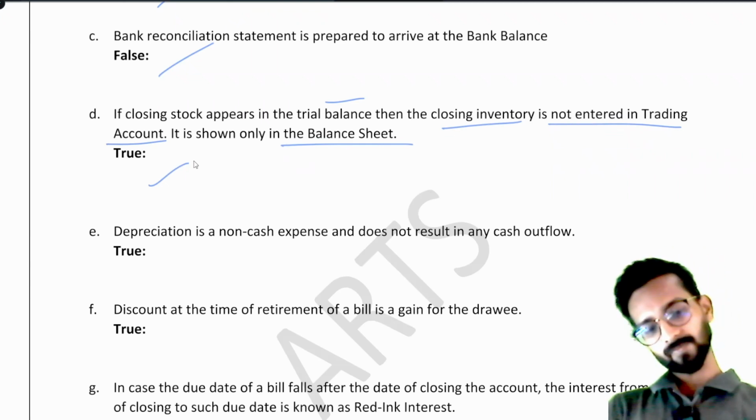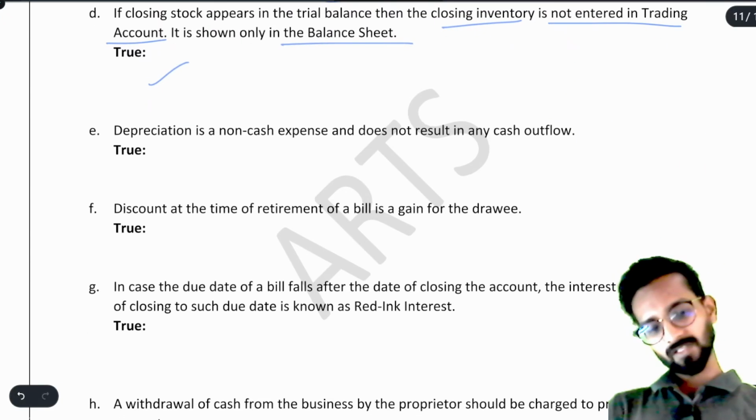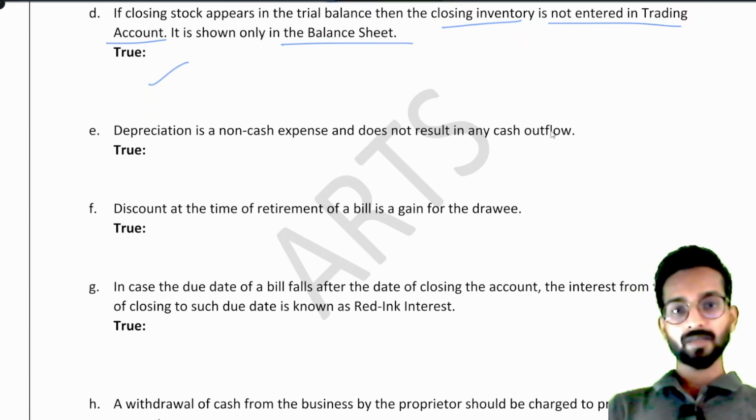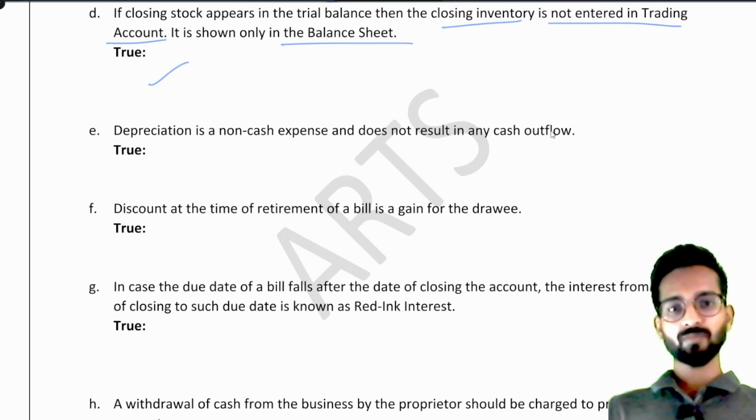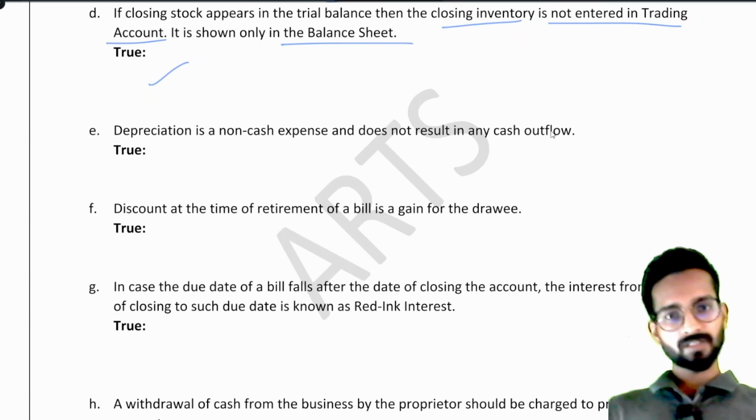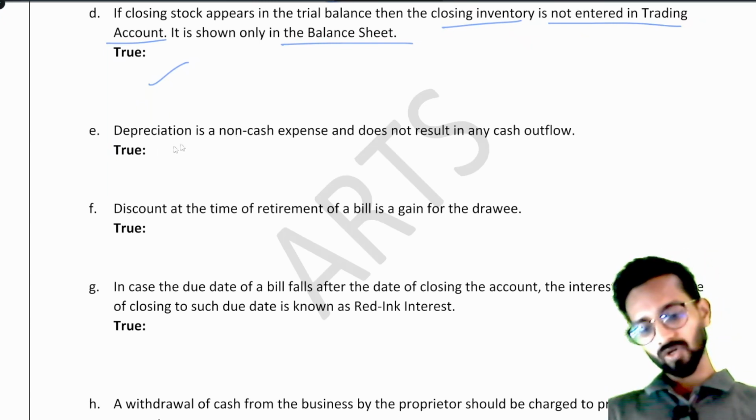Okay, now depreciation is a non-cash expense and does not result in any cash outflow. Absolutely correct. Remember, depreciation means the value of my machine has reduced, because I am using my machinery, my fixed asset continuously, so the value of it is reducing, that means it is a non-cash expense.